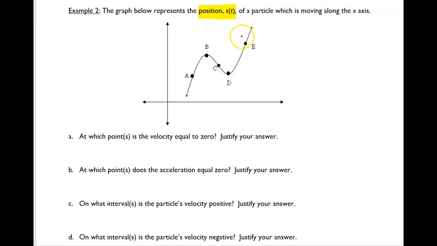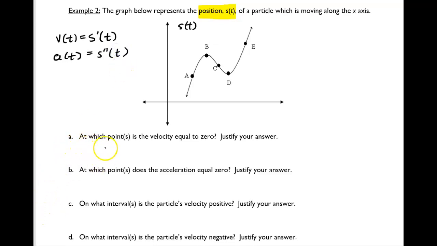So this is my graph of s of t. I'm just going to label that again. I know it's written up there, but I want to make sure. And then when I'm thinking about my velocity equation, that would be the derivative of this graph, and my acceleration would be the second derivative of this graph.